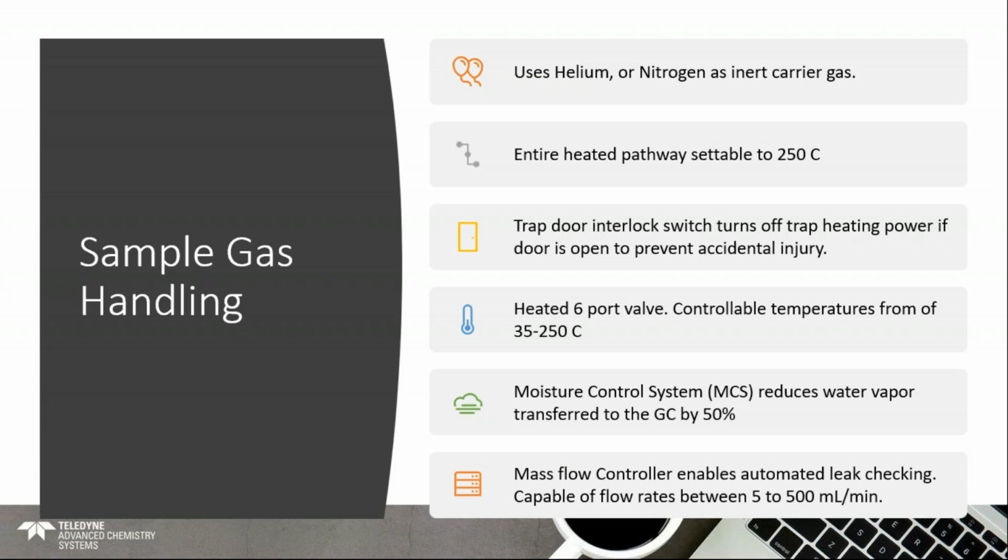The Thomas XYZ also uses a heated 6-port valve with controllable temperatures up to 250 degrees Celsius. The moisture control system reduces water vapor transfer to the GC by 50%, and the mass flow controller enables automatic leak checking, which, as I mentioned before, is a lifesaver when it comes to trying to find a leak. Depending on the mode of operation, it is capable of flow rates between 5 and 500 milliliters per minute.